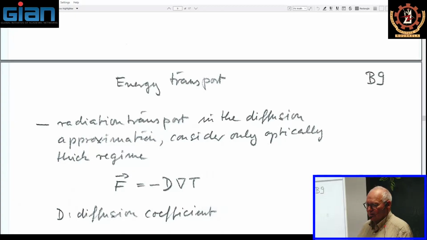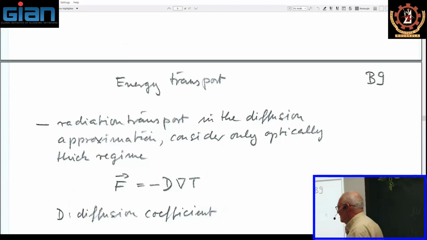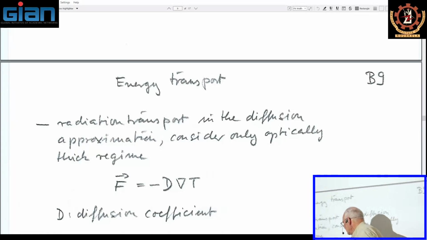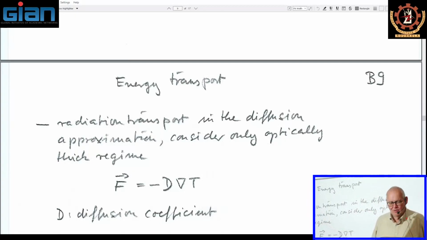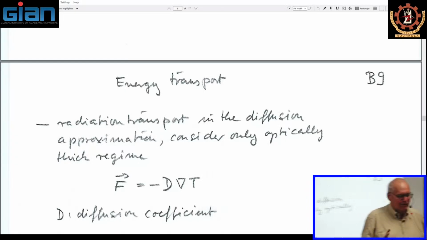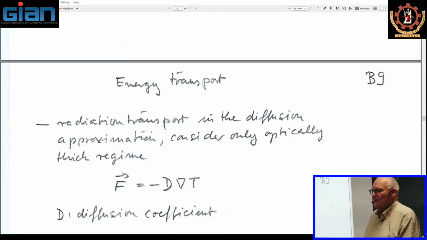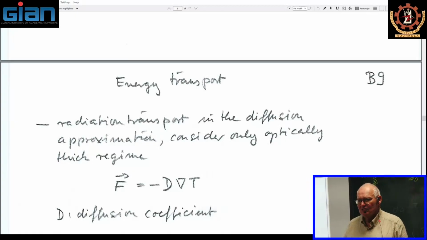If the density of particles is not constant, then you will have a diffusion of particles going from high concentration to low concentration, and then we have a flux of particles depending on the gradient of the densities of the particles.